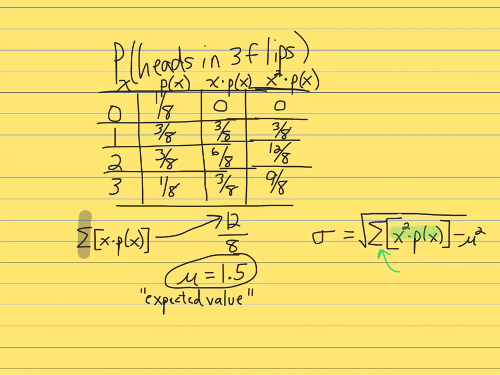Okay, the sum of this column then is 3/8, 12/8 is 15/8, and 9 is 24/8. 24/8 sounds like 3 to me. So the sum of all this stuff is 3. Now, minus mu squared, 1.5 squared. Oh, goodness gracious, what's 1.5 squared? 2.25?